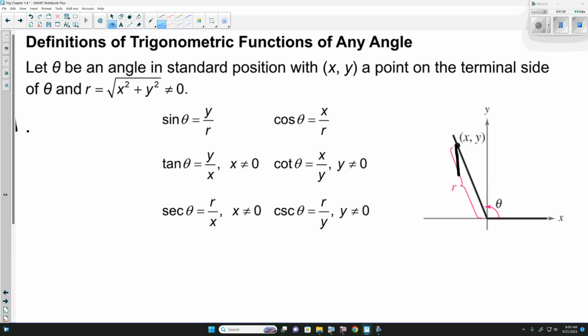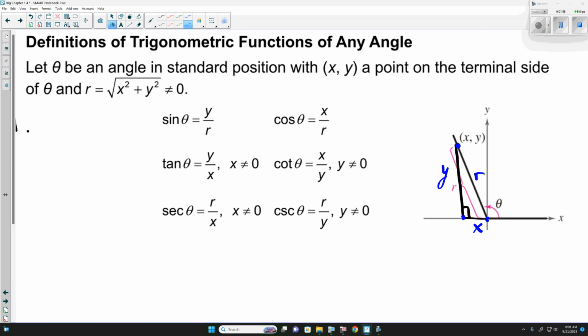If we dropped a line straight down to make a right angle, the distance from the origin to this point would be x, whatever the x value is. And the distance from here to here would be y. The hypotenuse for us would be r.